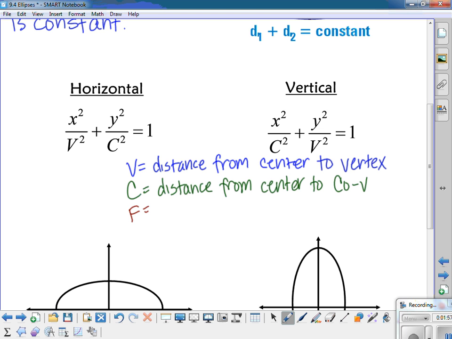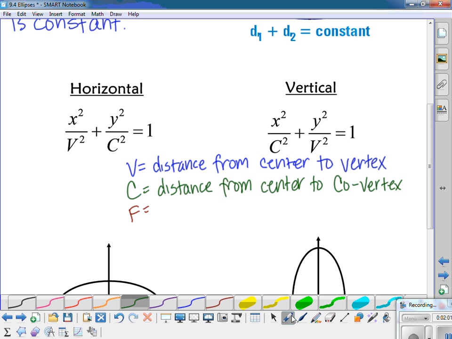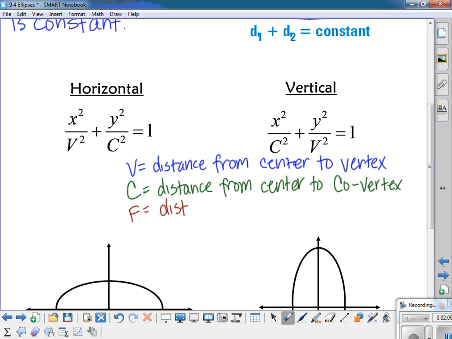That's why I use the letter C for co-vertex. And we haven't talked about it yet, but F is going to be the distance from the center to the focus. And it's the letter F.